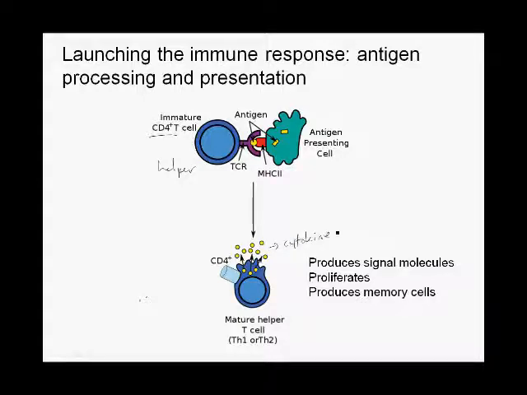So if you happen to run into that word, just know that cytokines are immune system signaling molecules. So not only do they produce these signaling molecules, but they're stimulated to divide and produce lots of copies of themselves. Okay? And some of them become other helper T cells, and some of them become memory helper T cells. And these memory cells are long-lived. They can last decades in the body.